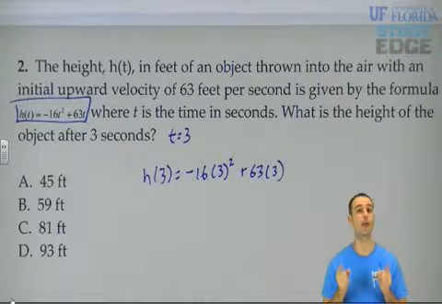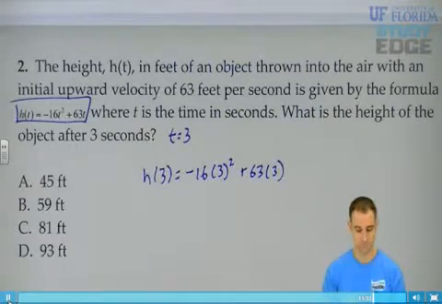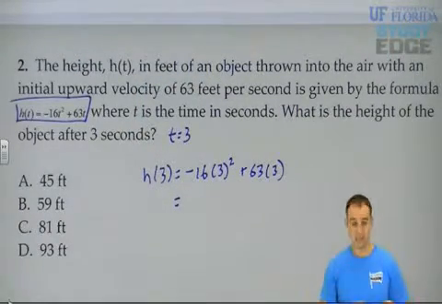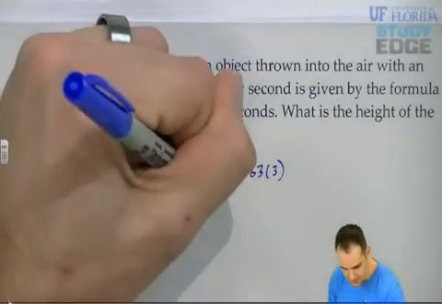Substitute 3 everywhere you see the variable t. Now follow PEMDAS. Please excuse my dear Aunt Sally. First, exponents. 3 squared means 3 times 3, and 3 times 3 is 9.